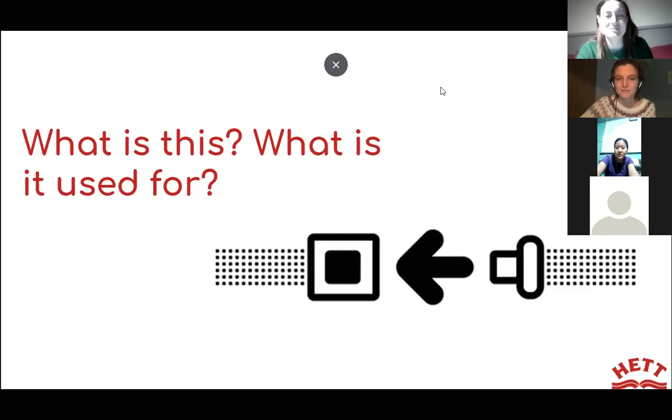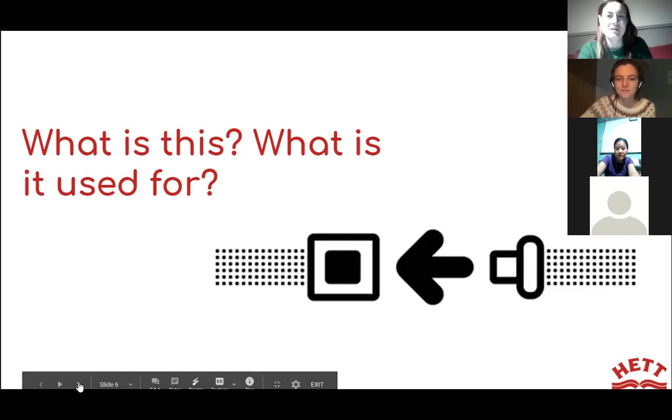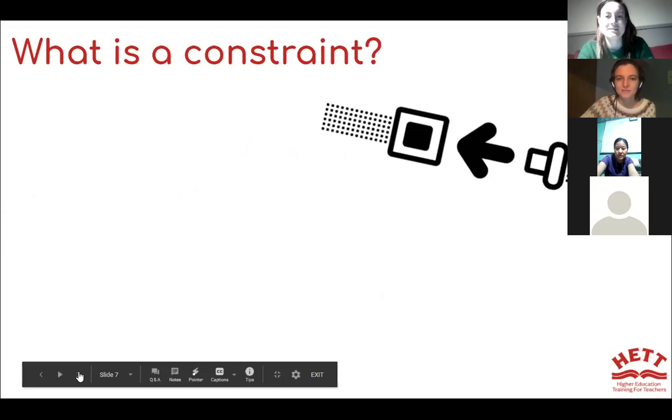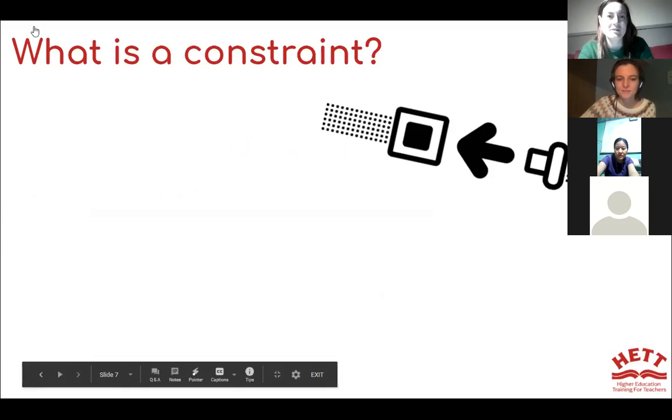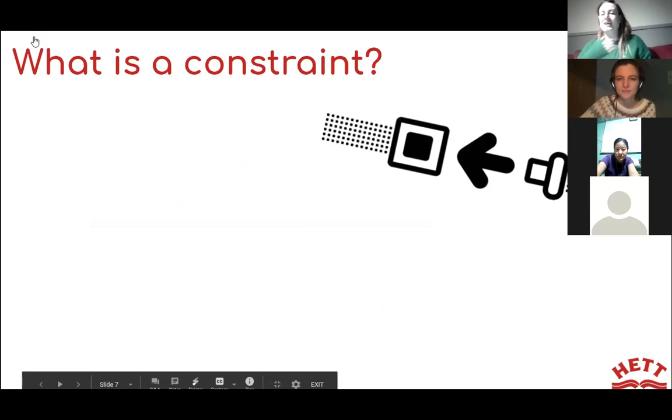It protects you. To protect against an accident. Good. So a seatbelt is an example of a constraint. It makes it so you can't move. You're stuck in your seat, especially if you get in an accident, you're kind of stuck there.